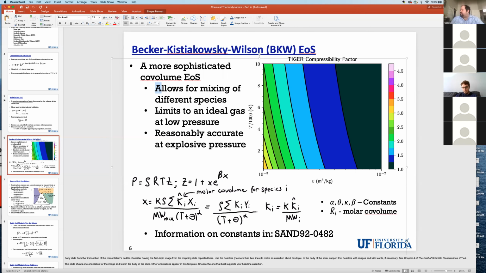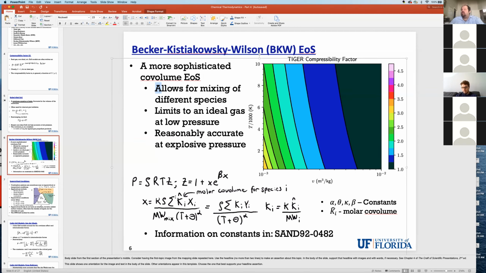And so here the BKW is given by P equal to basically rho RTZ, and Z is just defined to be 1 plus X e to the beta X, where beta is a constant, and X is defined to be this crazy function here, where these K hats are the molar co-volumes for all the species.